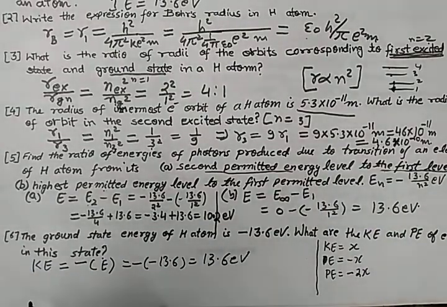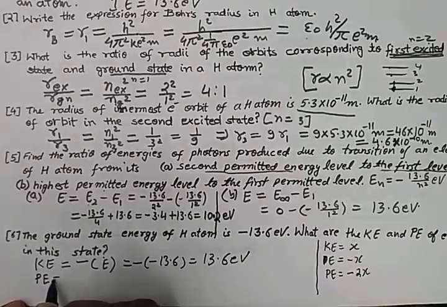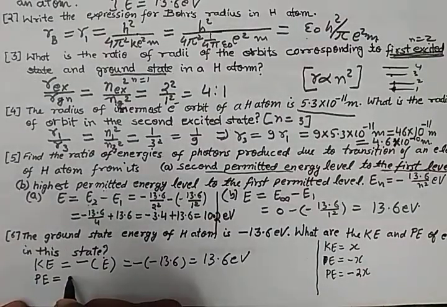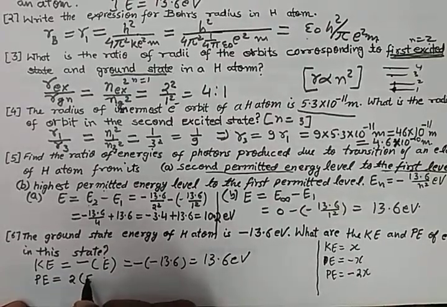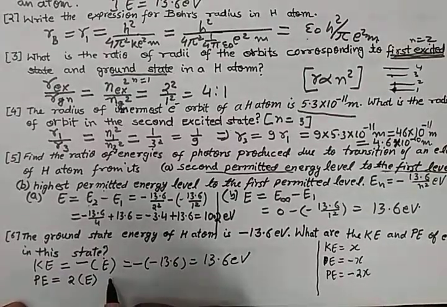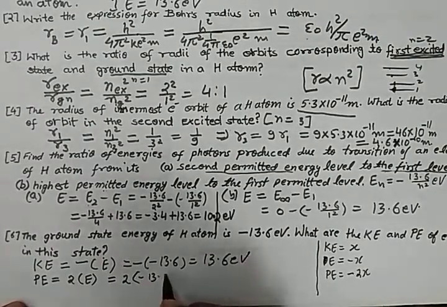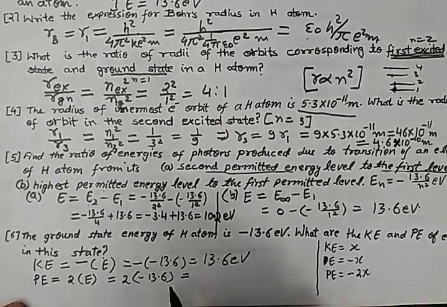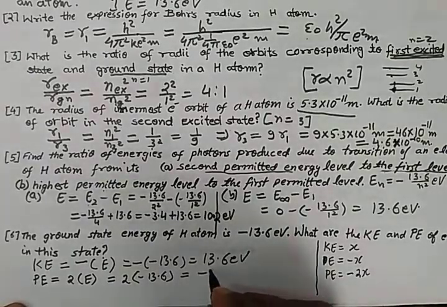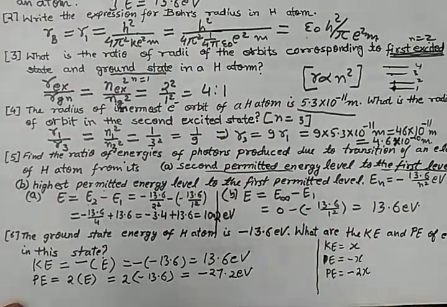And the potential energy is equal to twice of total energy, that is twice of minus 13.6, and that is minus 27.2 electron volt.